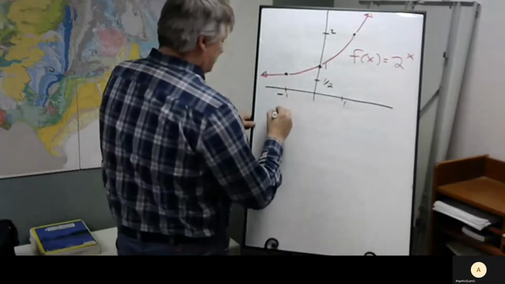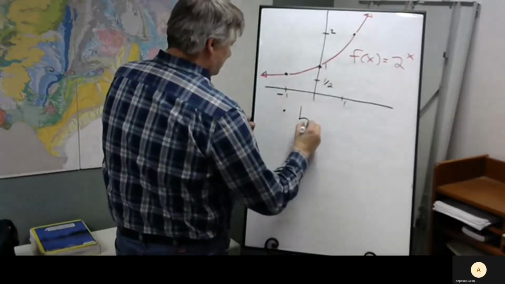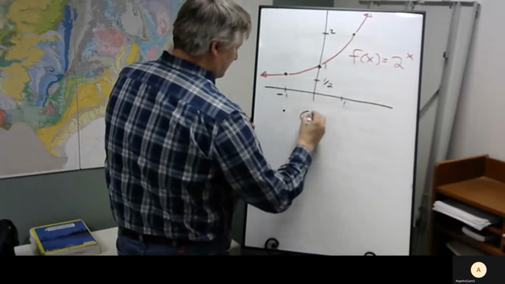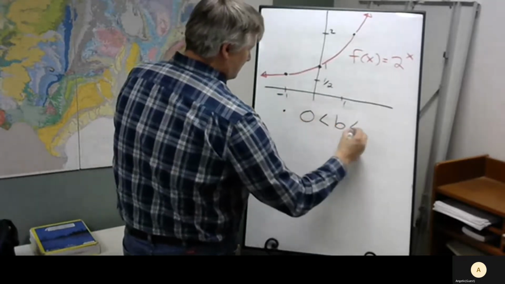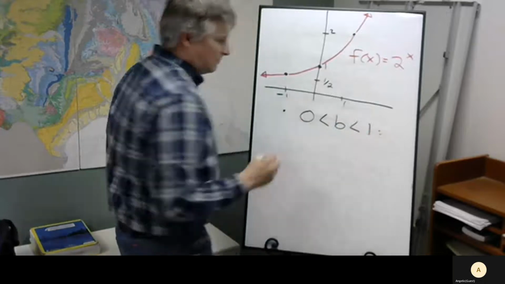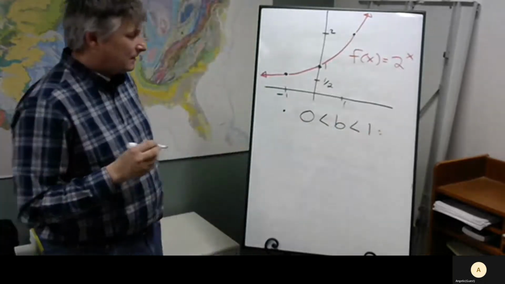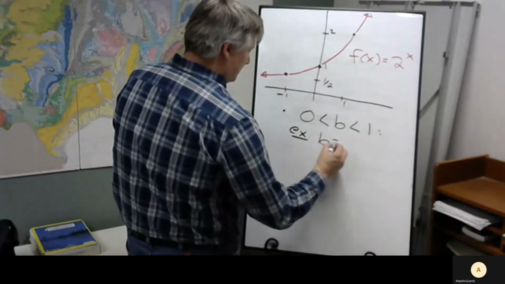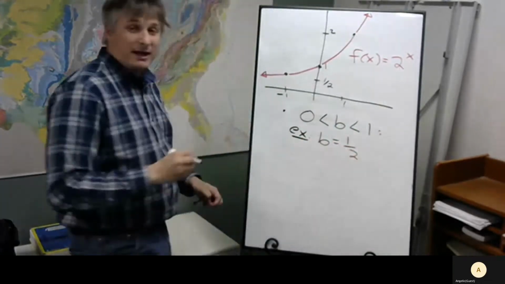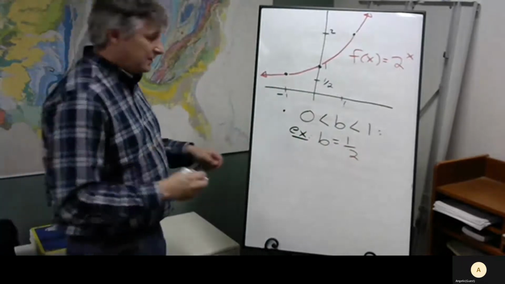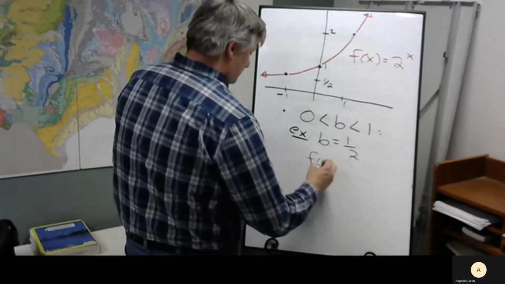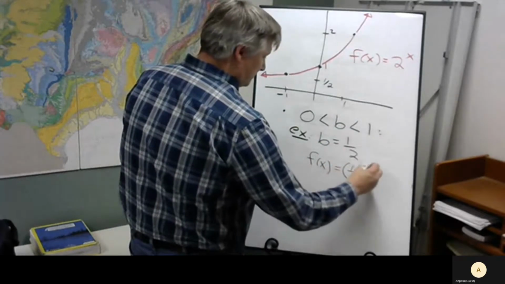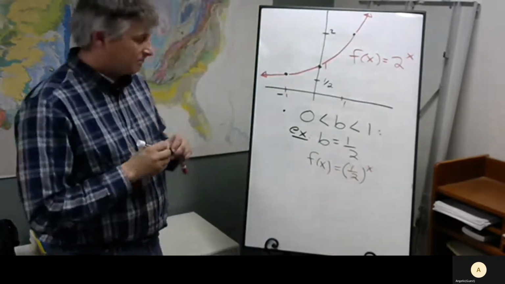Let's consider b between 0 and 1. So for example, let b be 1/2. So this means f of x is 1/2 to the x.